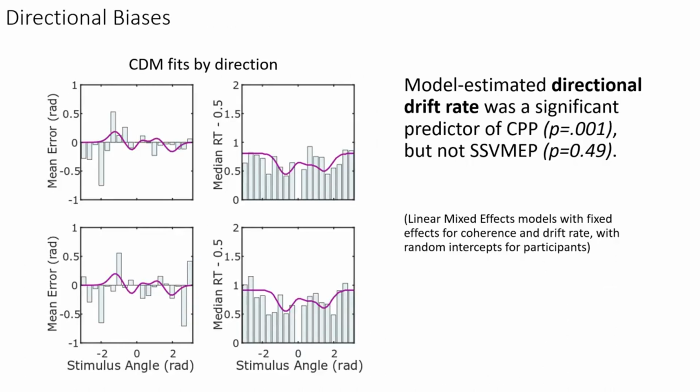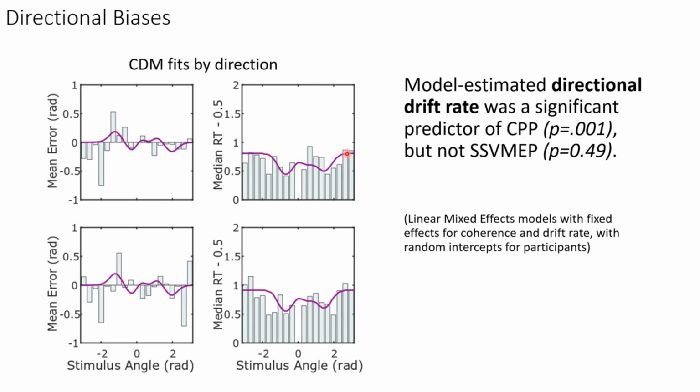We were also able to fit the errors in response time as they varied across stimulus direction. So these changes in error and response time across direction were fit using those drift rate biases that I mentioned earlier. And so then we were able to take those model estimated directional drift rates and test their relationship with the EEG signals.